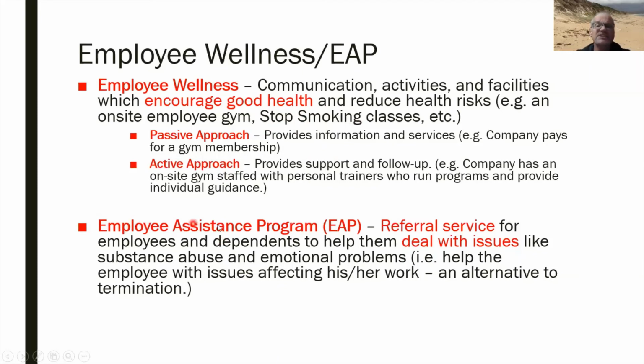Now, employee assistance programs, which are usually the first thing involved in a wellness program, are a referral service for employees and dependents to help them deal with issues like, traditionally, substance abuse. The idea behind an employee assistance program is a couple of things.